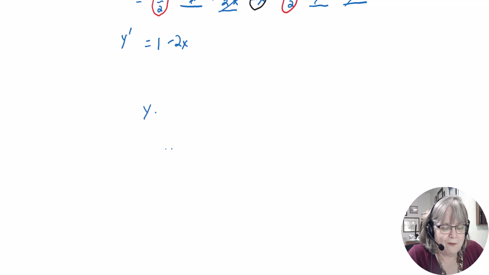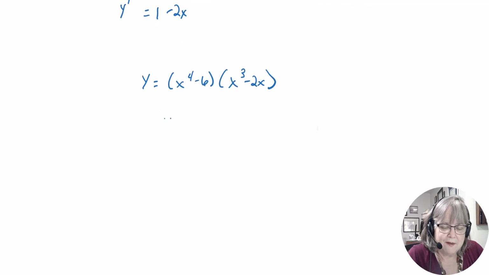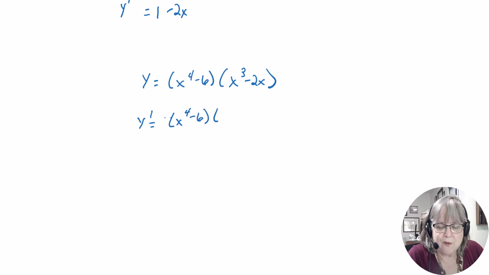So what if we have y is equal to x to the fourth minus 6 times x cubed minus 2x? So we're going to use the product rule because I don't really want to multiply all that out. So it would be the first times the derivative of the second. The derivative of x cubed is 3x squared.